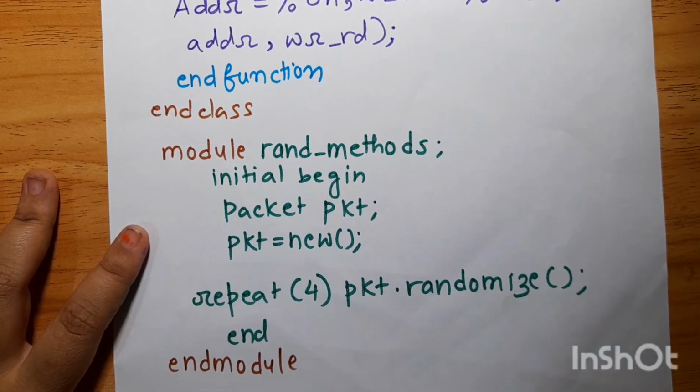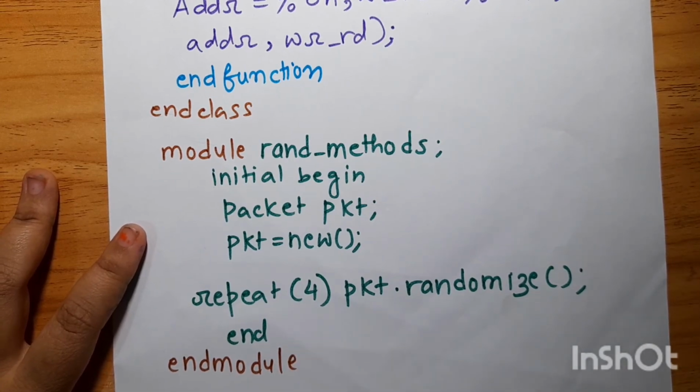Now repeat for packet.randomize. So packet.randomize will be called repeatedly 4 times. First pre_randomize, randomize, post_randomize, first iteration; second iteration, again pre_randomize, randomize, post_randomize. This way it would be 4 times, then end module.